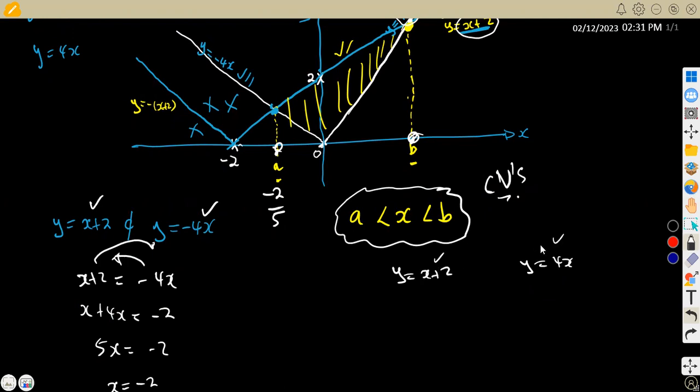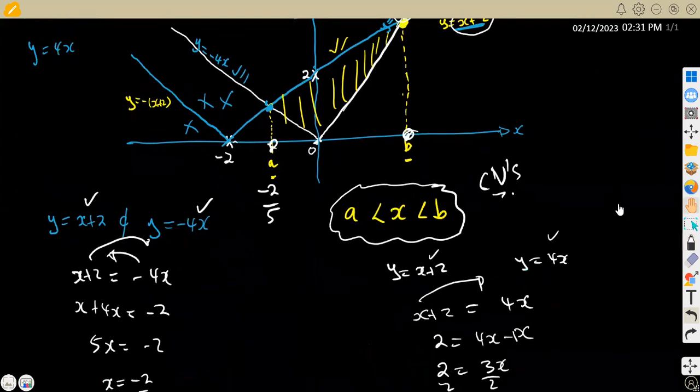These two are equal at the point of intersection. So x plus 2 is equivalent to 4x. We can transpose x to this side, which is going to be 4x minus x. So 2 is equivalent to 4 minus 1, which is 3x. Divide by 2, so x is going to be 3 over 2.